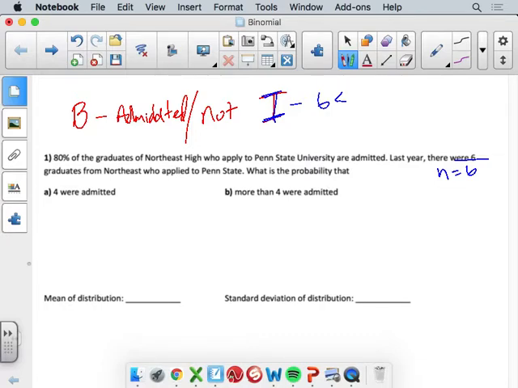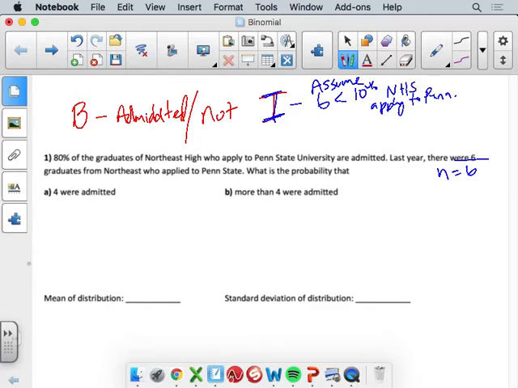So what I'm gonna say is, maybe I'll say it up here, assume 6 is less than 10% of NHS applying to Penn. So I'm gonna assume that there are 60 or more people throughout this high school that have applied to it. Does that make sense?